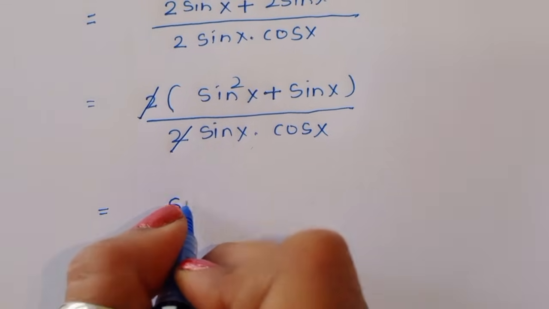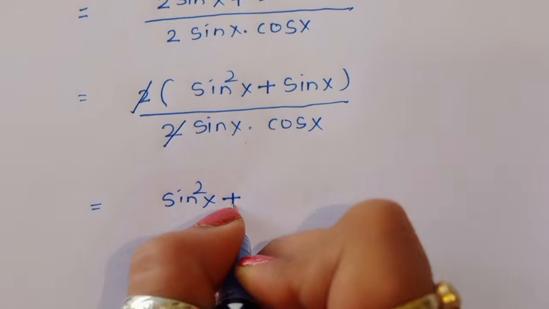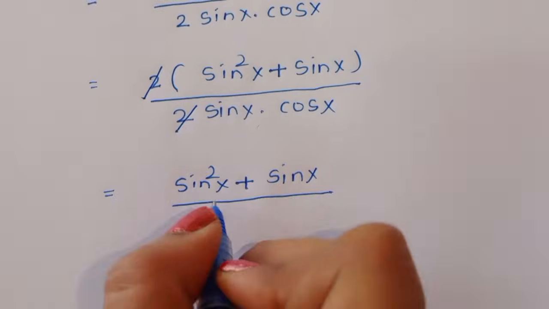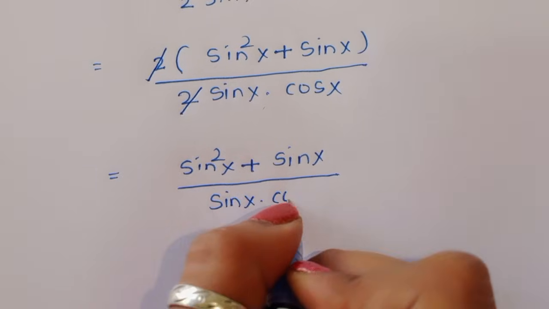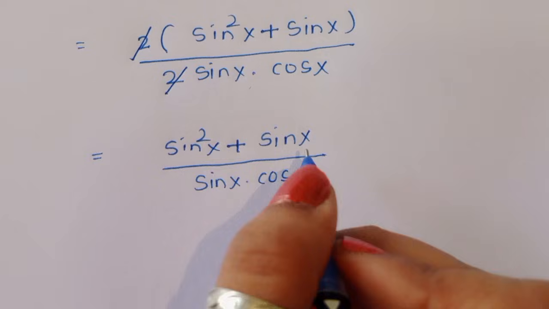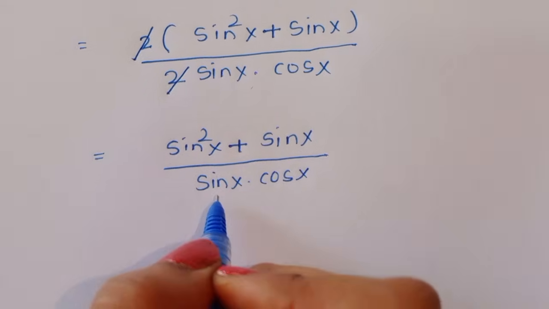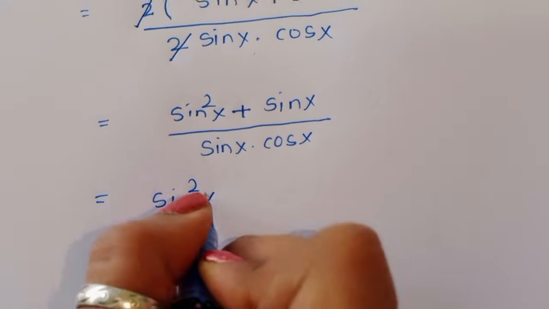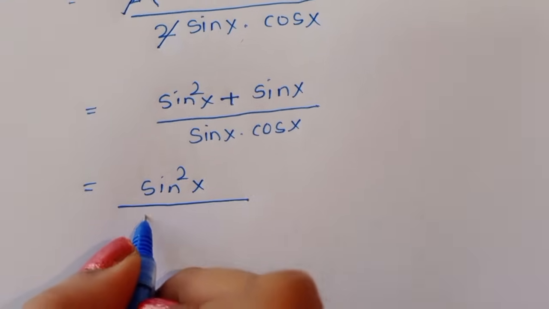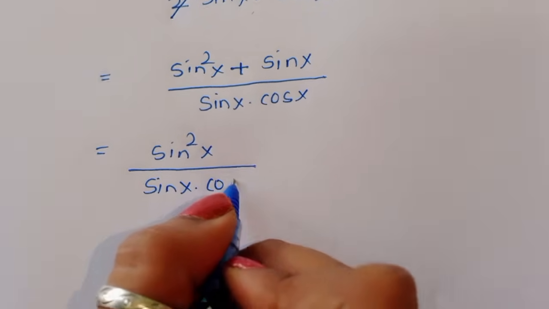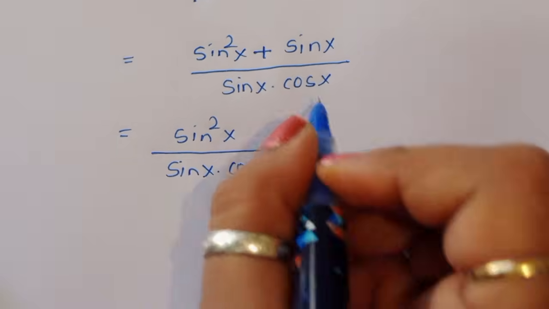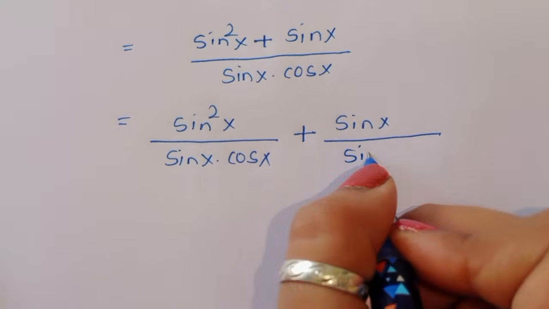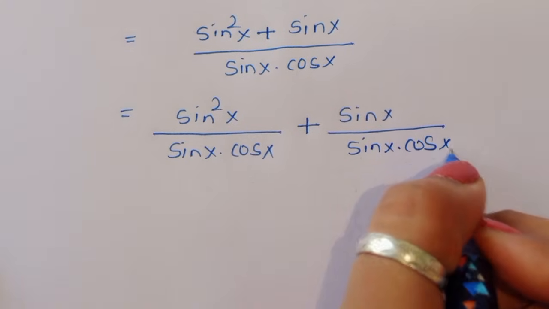The left term is sin square x plus sin x divided by sin x into cos x. Now we can separate this term: sin square x divided by sin x into cos x plus sin x divided by sin x into cos x.